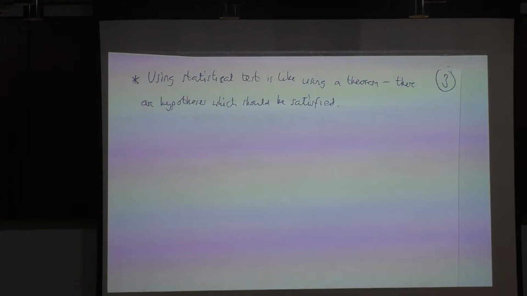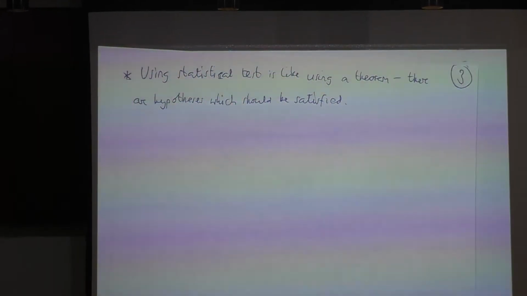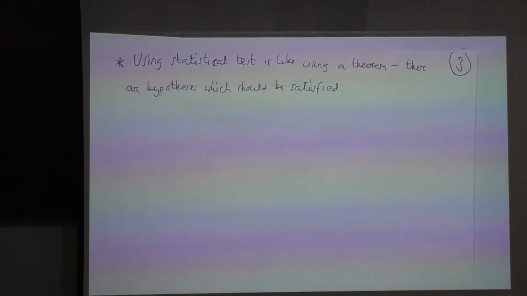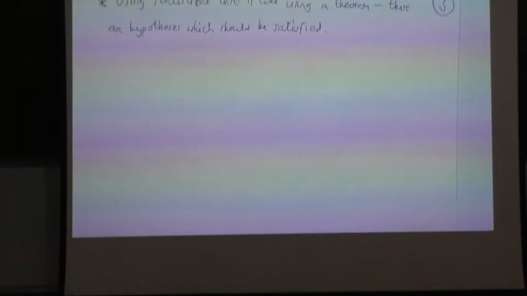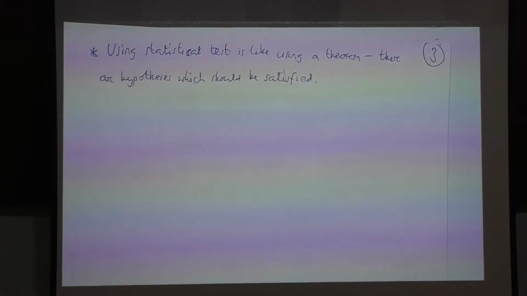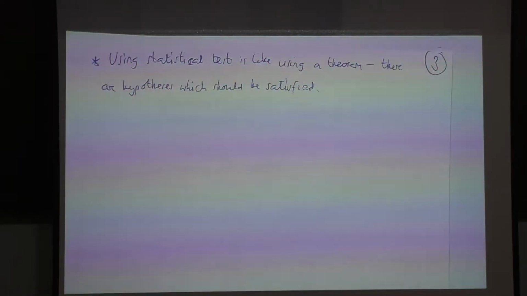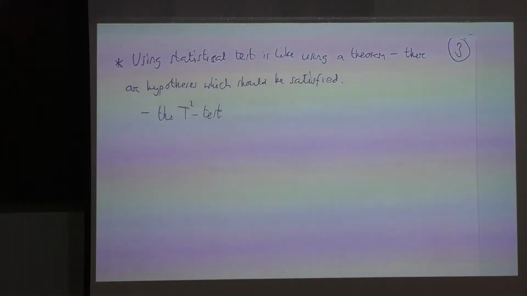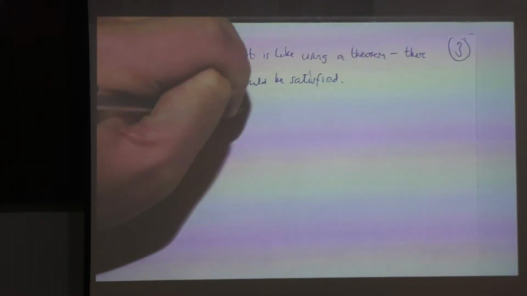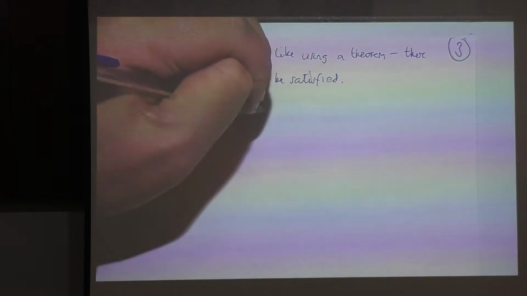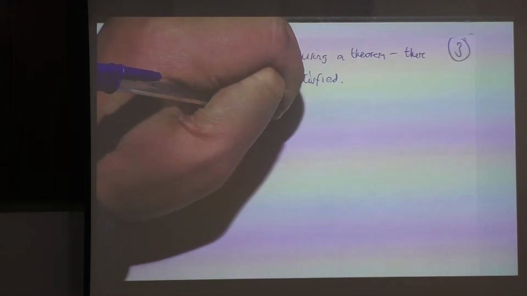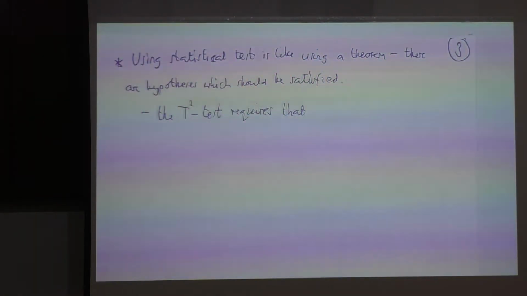So, in exactly the same way that theorems have hypotheses and it's part of their statements, and then you get to conclusions from them, the t-squared test essentially requires that the two groups are normally distributed with the same variance matrix.